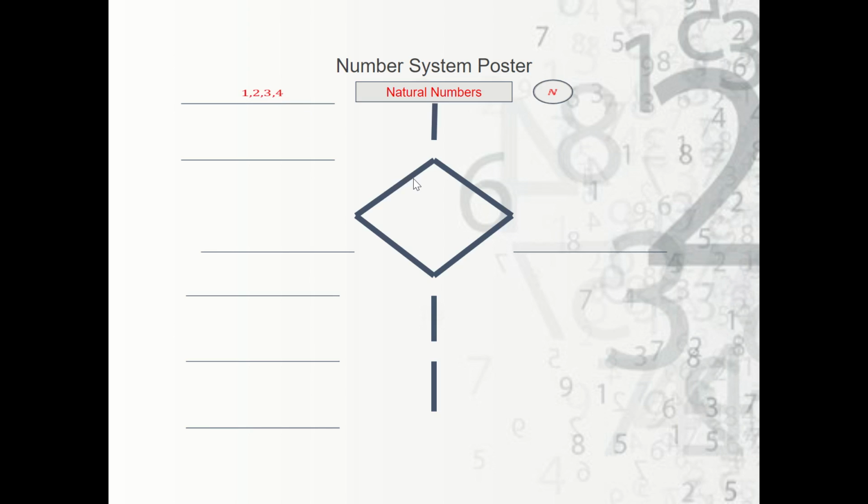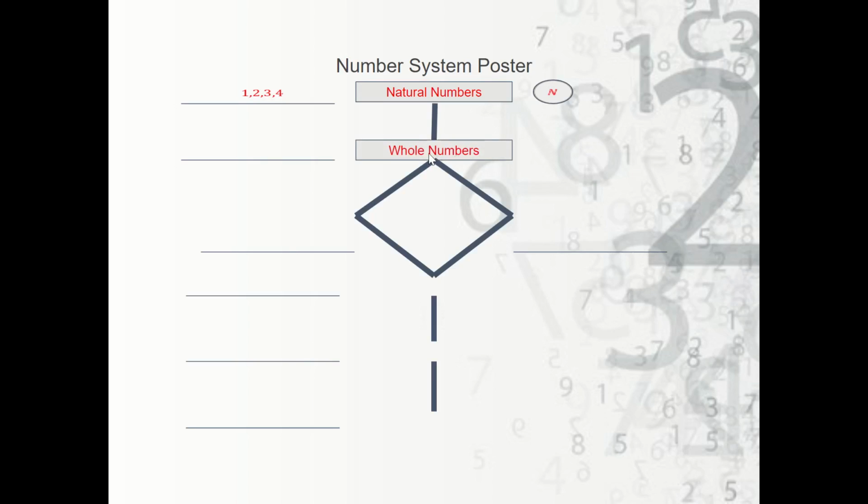Now, once we start talking about natural numbers and we start learning our numbers, after we know how to count up to 10, 20, 30, 40, the next thing we learn is there's a number that represents nothing. We have to add that in. When you say, how many apples do you have? We need to be able to say, I have no apples. So we learned that there was 0.